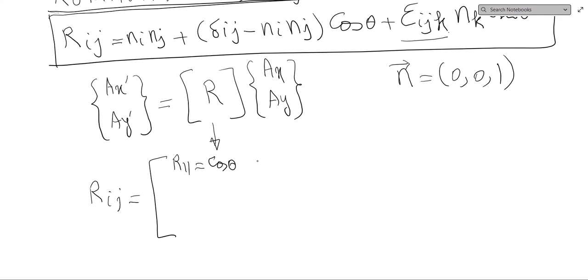The second one, R12, is 0 because the first and second components of n are 0.